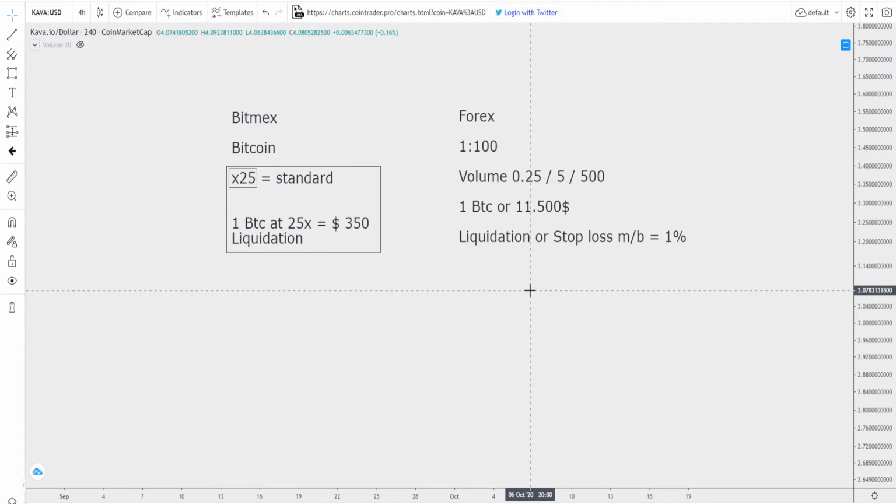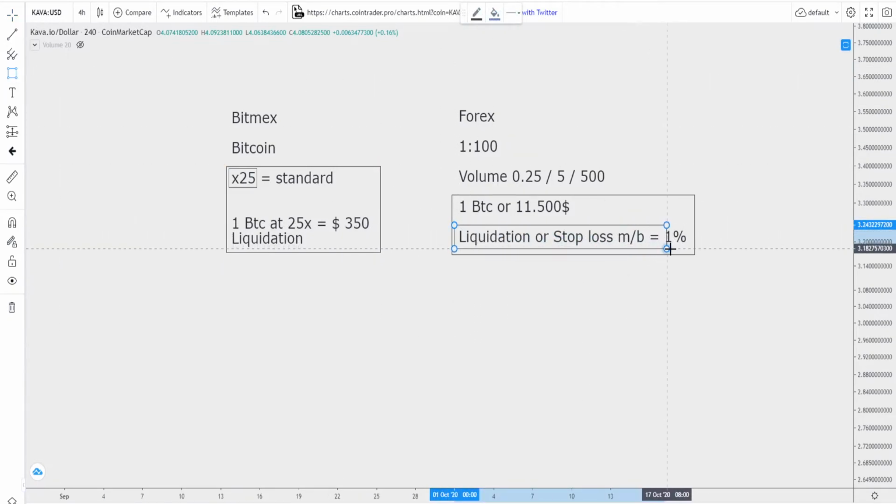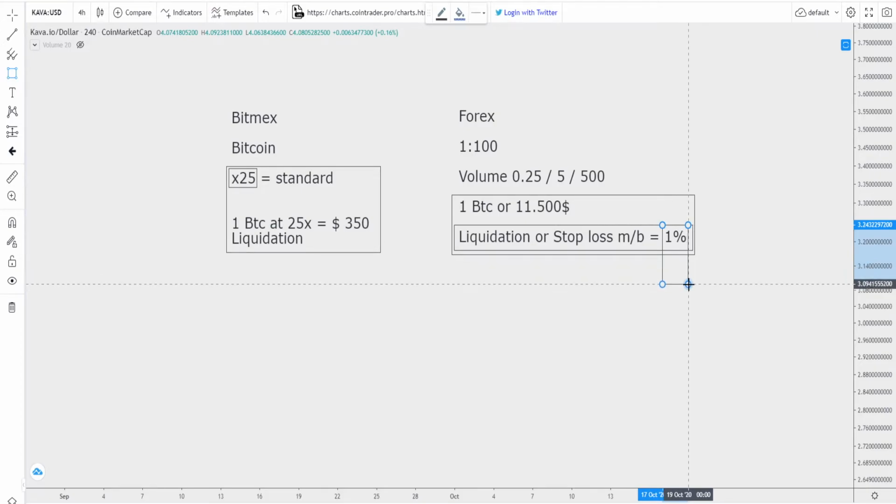And here for Forex, it's based right here. Our 1% will be measured on the liquidation or stop loss we will set. So my 1% liquidation range will be triggered by a liquidation or stop loss order.